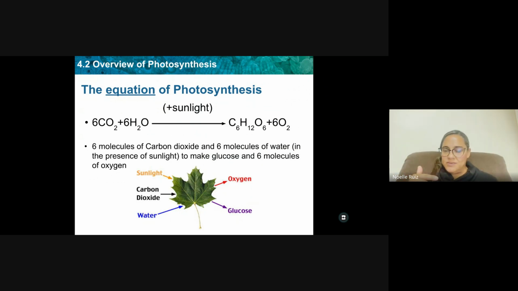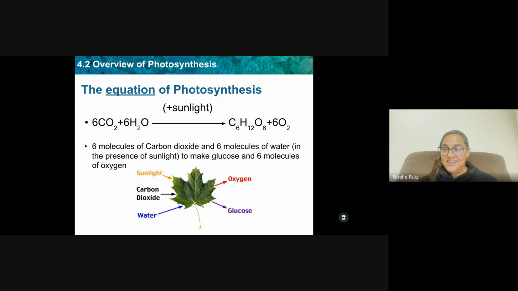Last week, when we talked about chemical reactions, we used heat as kind of the catalyst for the chemical reaction. Photosynthesis uses sunlight as the catalyst for this chemical reaction. So the chemical bonds between the carbon dioxide and the water, they break and they rearrange themselves to make a bigger molecule.